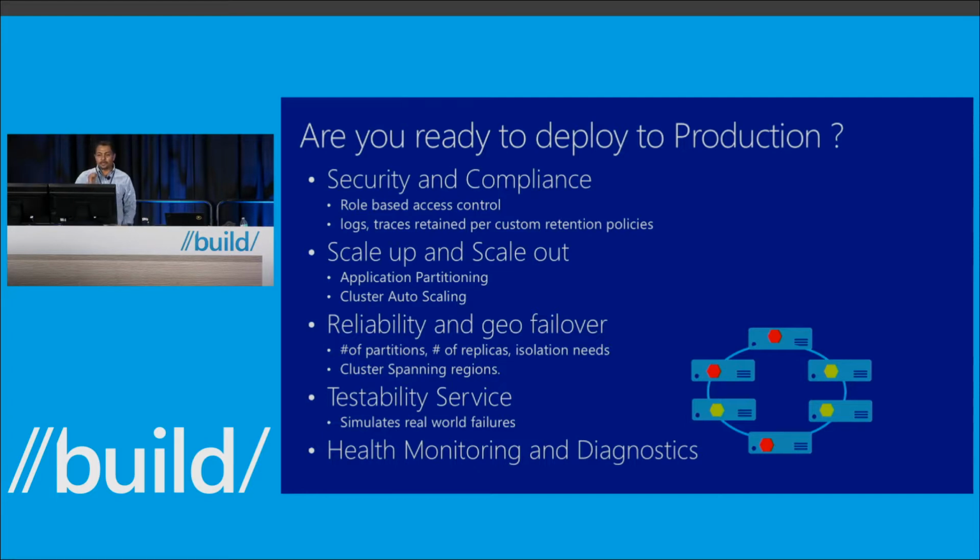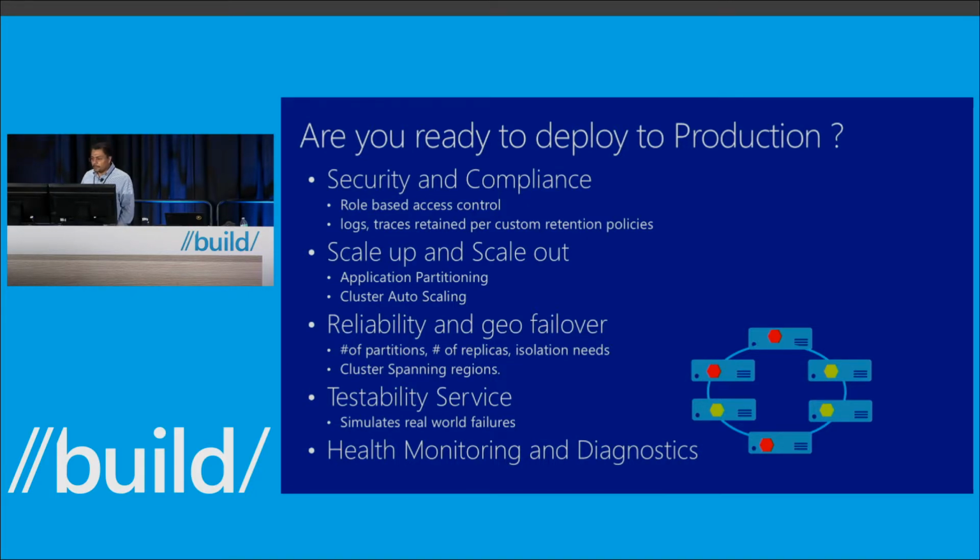So security was built ground up into the platform. We support role-based access control. You can use certificates to secure your application and the cluster. All the system logs and events are logged. Application logs and traces are retained per the customer policies you have set. So you can say, I need to have 7 weeks of logs, and you can indicate that to the system, and that's what it would keep.